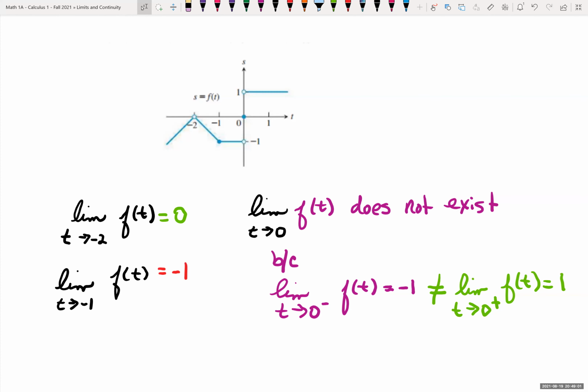Let me ask you a couple more questions about this graph, which will be helpful as a review. Let's say we wanted to find, I'm going to put D up here, and our function's name is f of t, let's say we wanted to find f of 0.